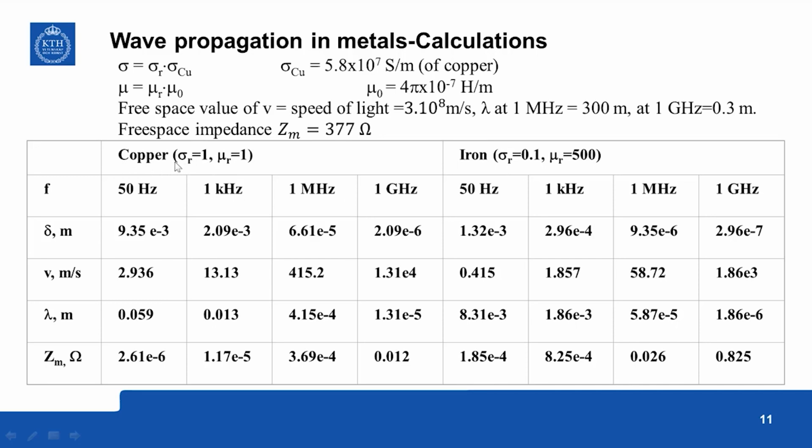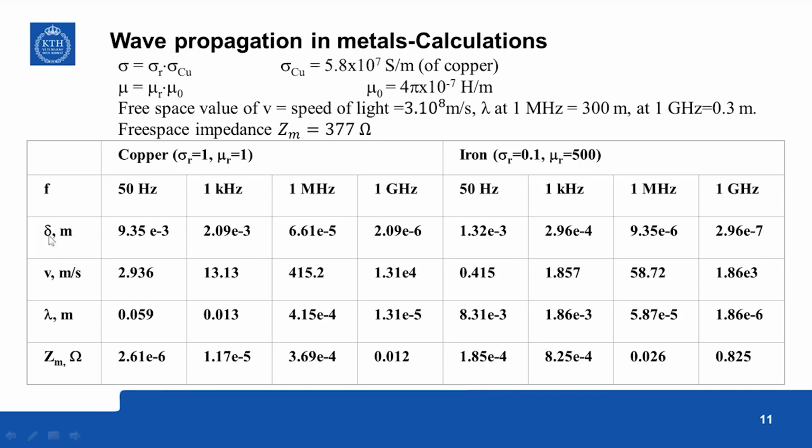For copper, relative conductivity is 1, and it is a non-magnetic material, so mu r equals 1. In iron, well, in this particular iron, let's say the conductivity is only 10% of copper, so 0.1. So 0.58 into 10 to the power of 7 Siemens per meter. Iron is magnetic, so relative permeability, let's say it is 500.